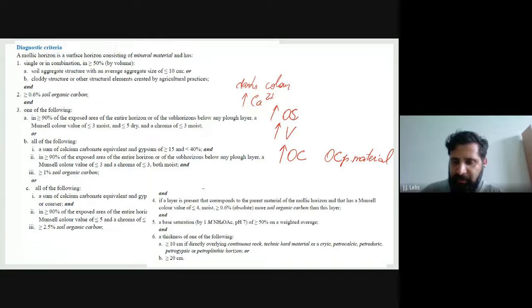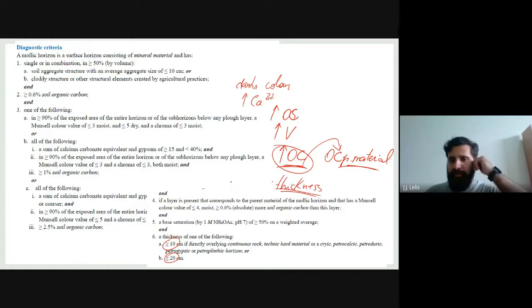So this surface horizon should present a higher content in comparison to the parent material. And of course, we also have the thickness of at least 10 centimeters or 20 centimeters according to the overlaying material.